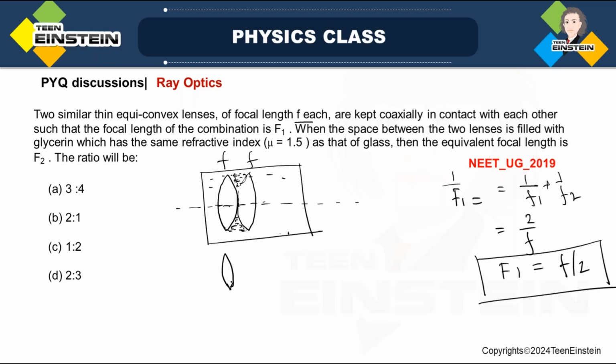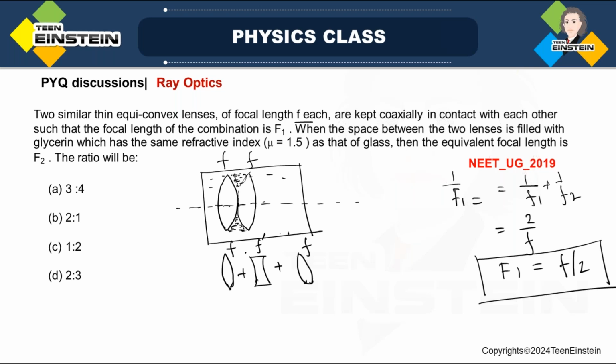One is this convex lens, this concave lens, plus this one, another convex lens. I don't know what is this focal length. I have to find out what is this focal length.